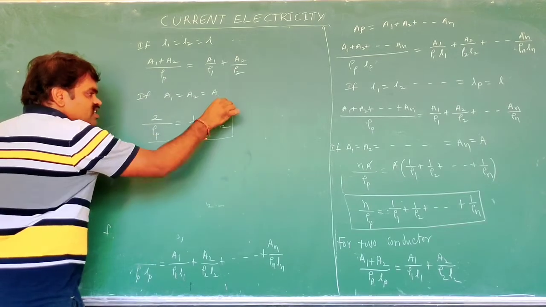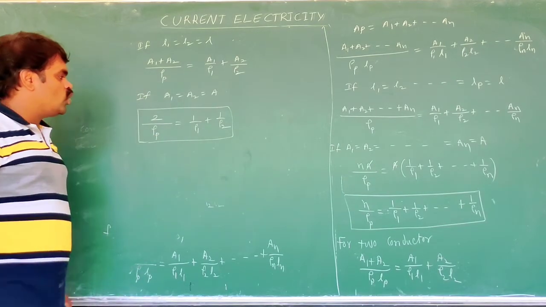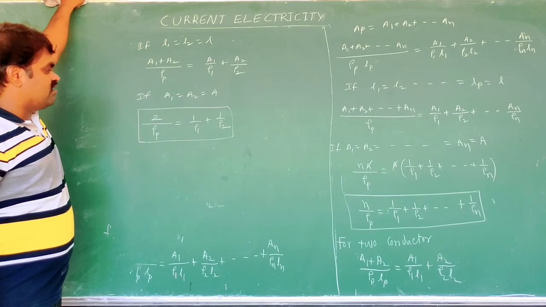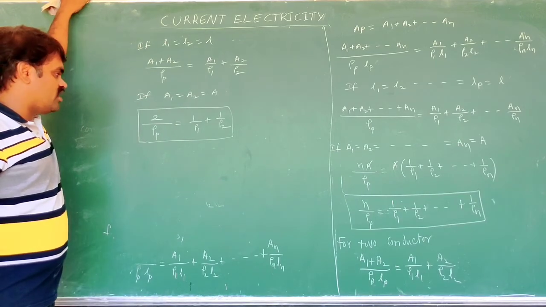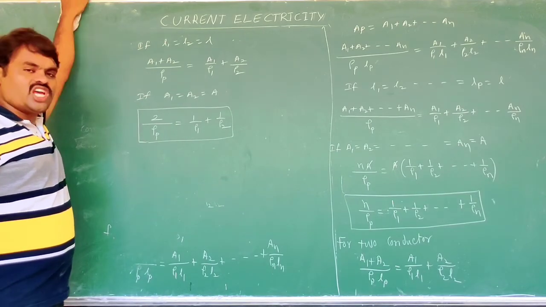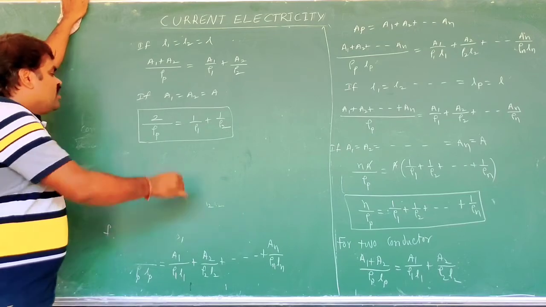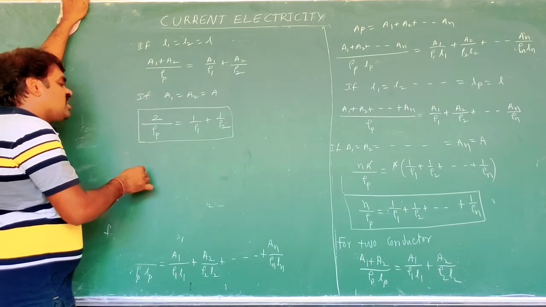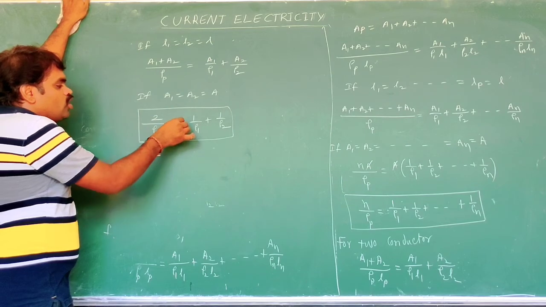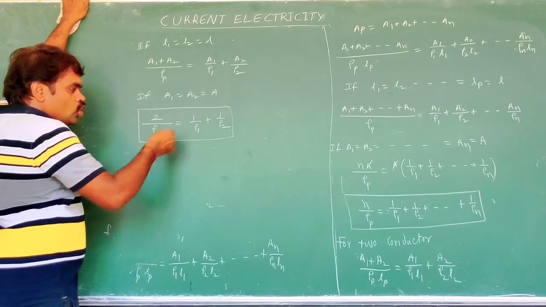This is the formula for two conductors connected in parallel combination. If the lengths and the cross-sectional areas are equal, then the effective resistivity is given by 2 by rho P is equal to 1 by rho 1 plus 1 by rho 2.